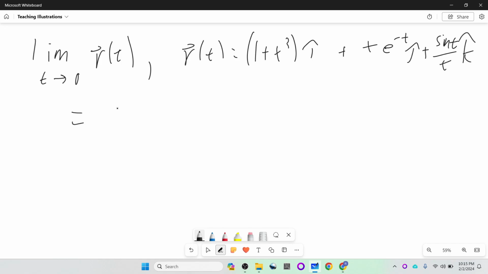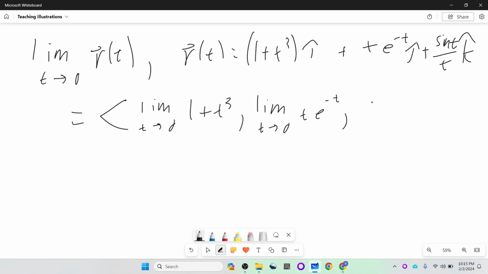Well, this would equal each individual limit: the limit as t goes to 0 of 1 + t cubed, the limit as t goes to 0 of t e to the negative t, and the limit as t goes to 0 of sine t over t.